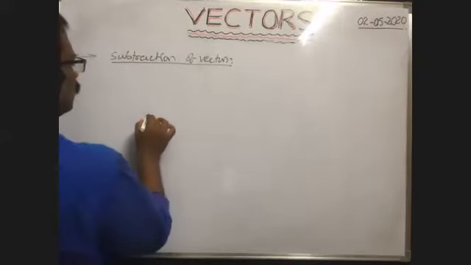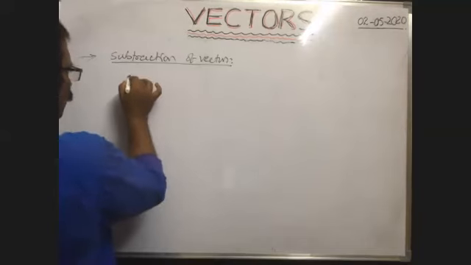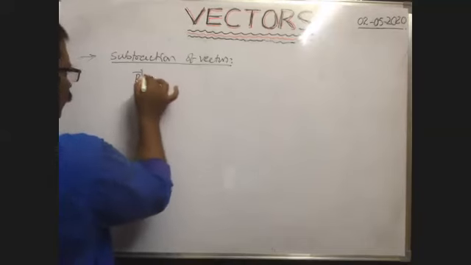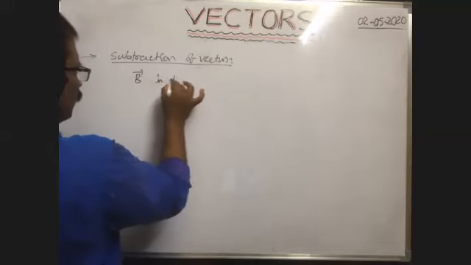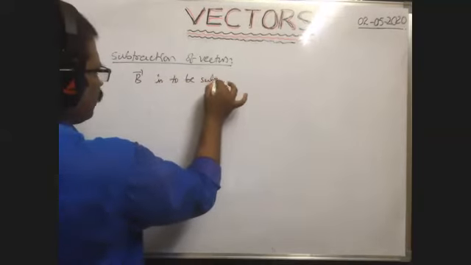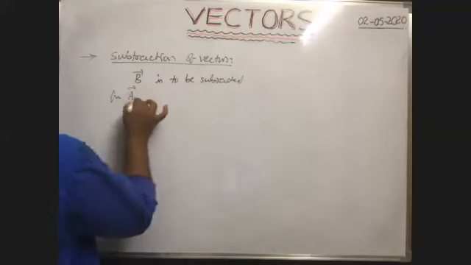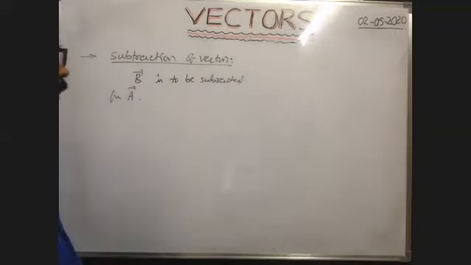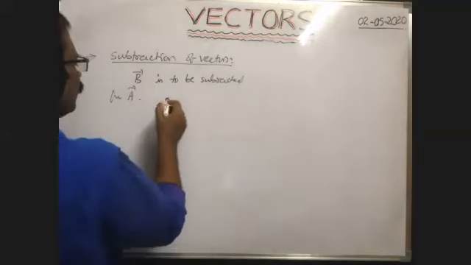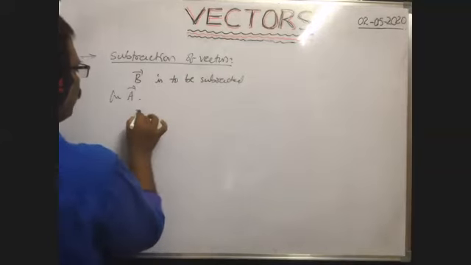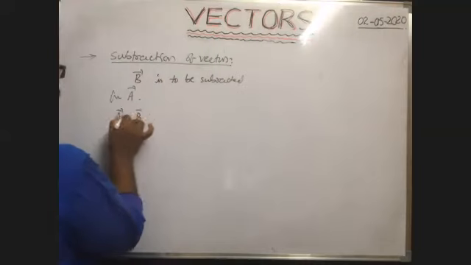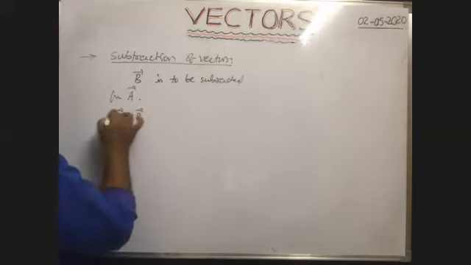Suppose B bar is to be subtracted from A bar. That can be represented as A bar minus B bar, but we cannot do it like this.